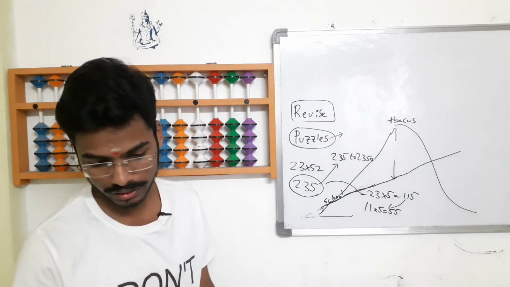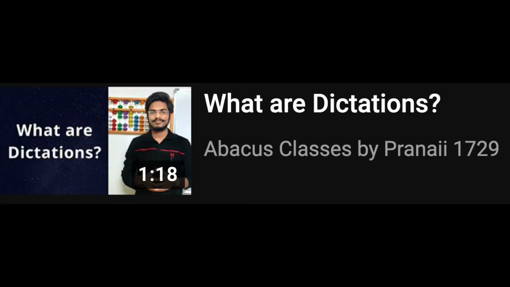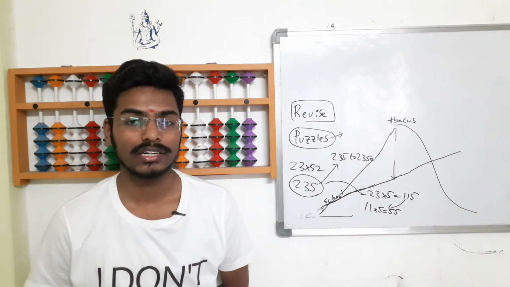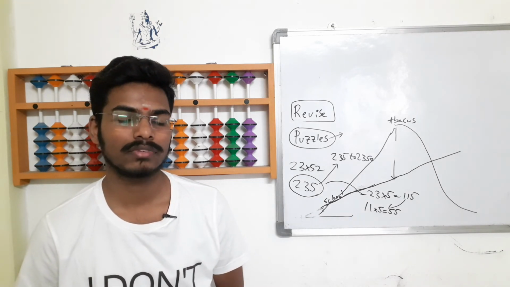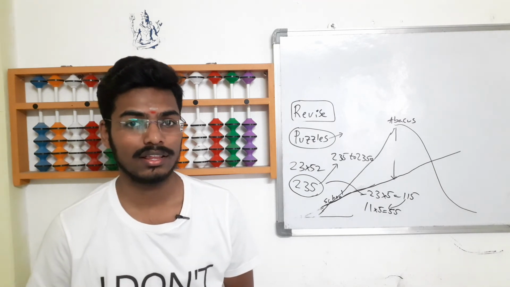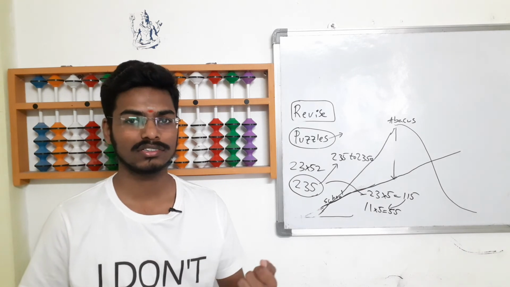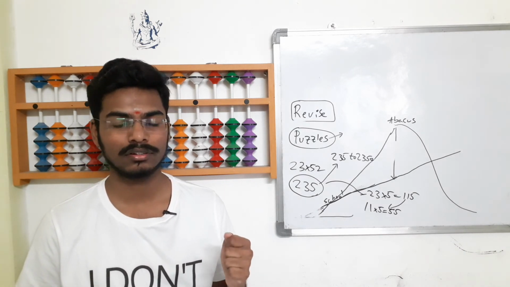And one great thing is you can always use dictations. So what are dictations? I have made a separate video. Dictations are nothing but you are dictating the questions and your kid should tell the answer. Let's say 23 into 52, your kid should tell the answer. You are not displaying the question, you are not printing the question, and you are not showing it to the student.